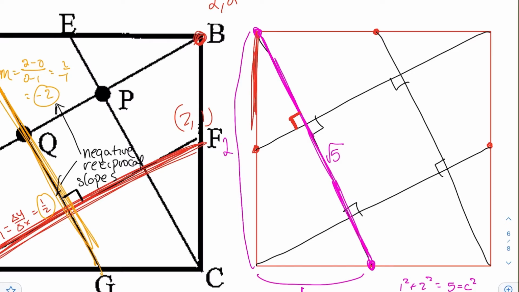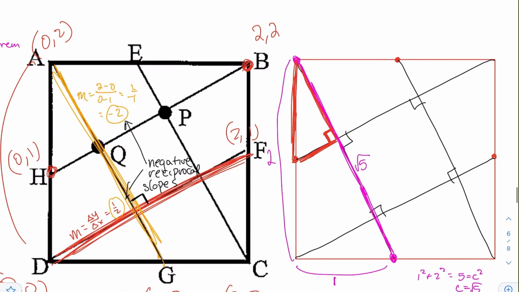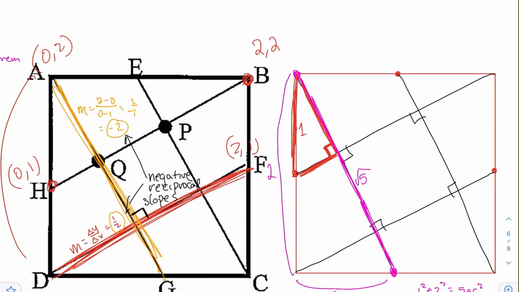This triangle is similar to this larger triangle because it shares the same angle here, and it has a right angle. So that means that for this smaller triangle, the hypotenuse is equal to 1. So because you have similar triangles, the sides are in a ratio.